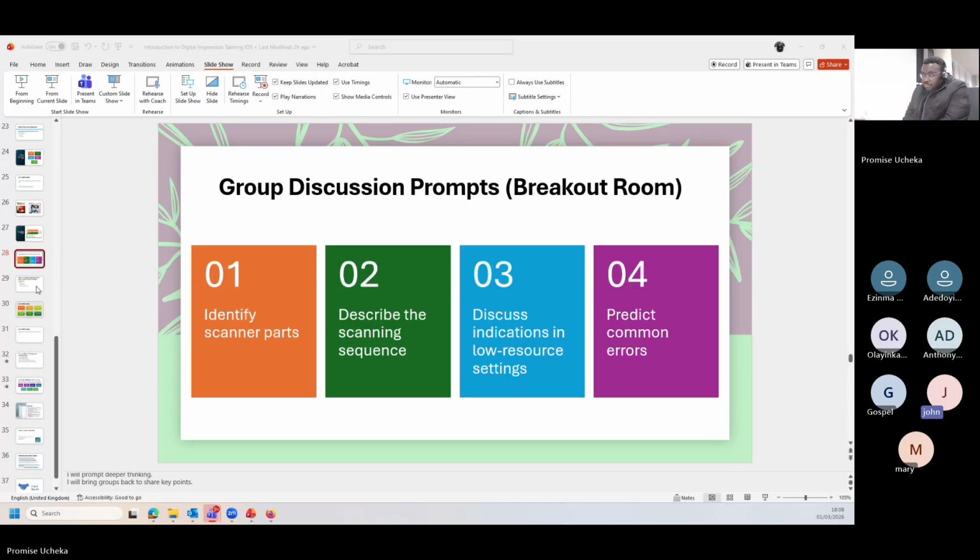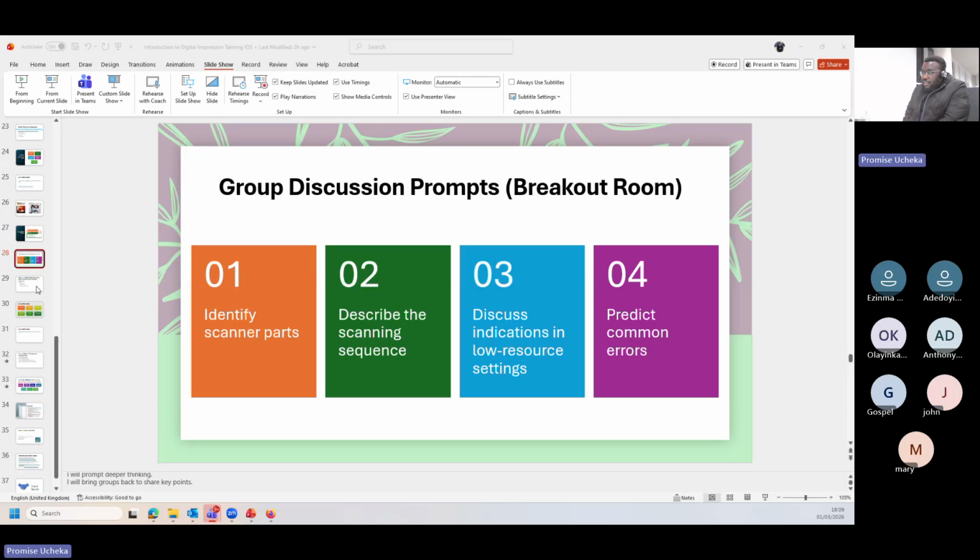That is, there can be a missing area due to limited access or techniques when we are not so skillful on that, or probably it can be a motion artifact when patient movement causes distortions or scans don't align properly. So those are the predictions we discussed.